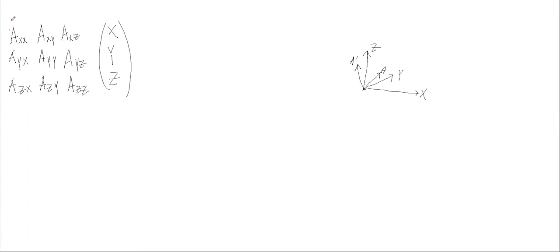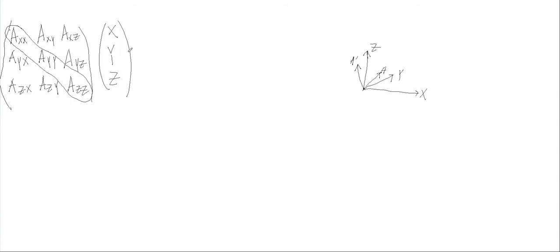So one thing you'll notice is in this matrix, the elements on the diagonal here are the ones telling us how much one of these components of our vector is changing in the direction of that axis. And so these on the diagonal are the scaling factors.